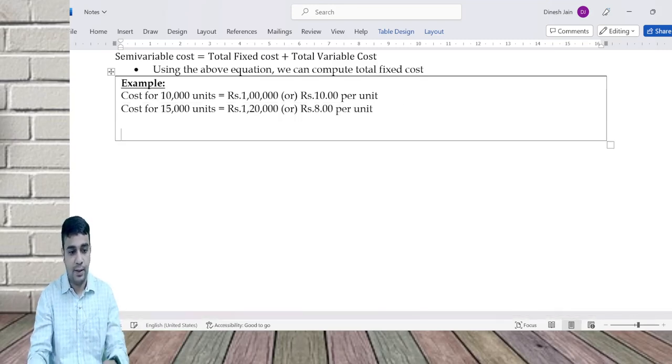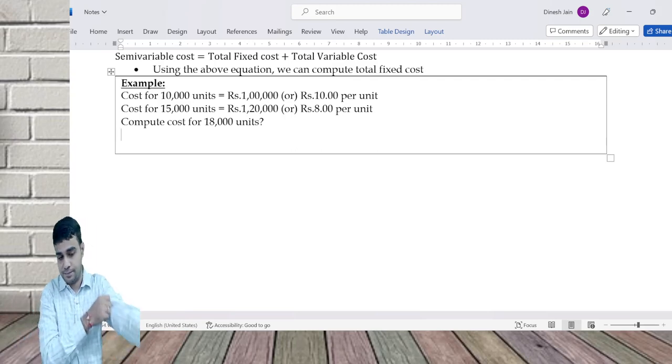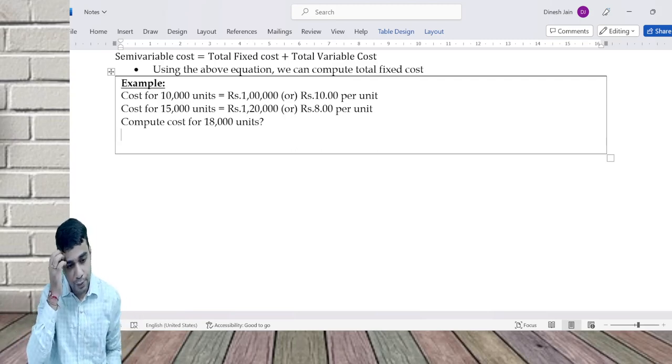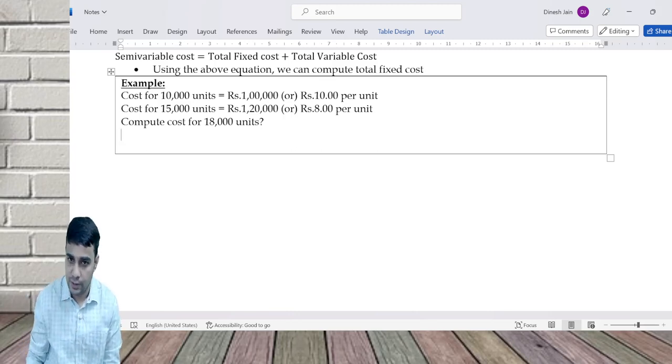Now write: compute semi-variable cost, or compute cost for 18,000 units. See, if this was 1 lakh for 10,000 and 1 lakh for 15,000, the answer is 1 lakh for 18,000 if it's a fixed cost.